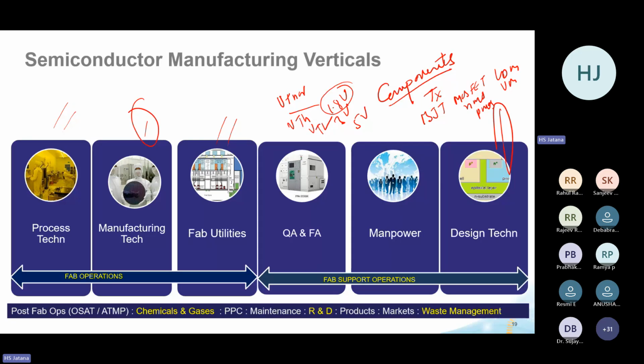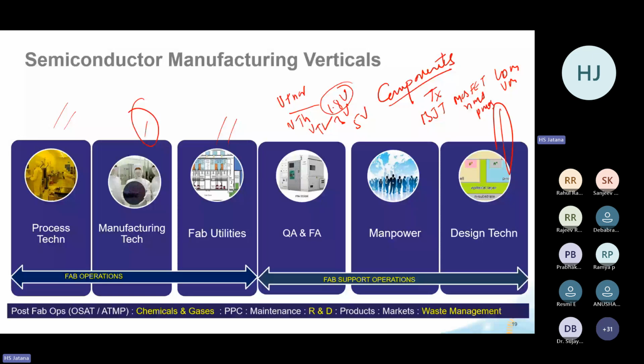So you should have a gas plant at the site itself, for gases like hydrogen, nitrogen, and argon, which are needed in huge quantities, and you have to manage these utilities 24 hours. You need vacuum, compressed air, and clean, ultra clean water. So a huge amount of utilities are required to run that fab.